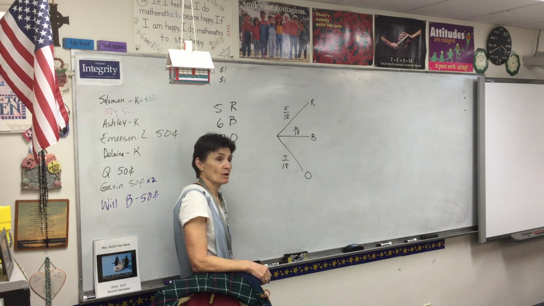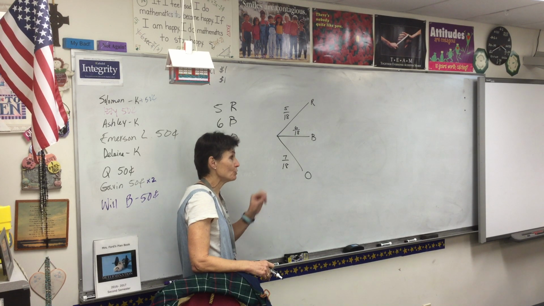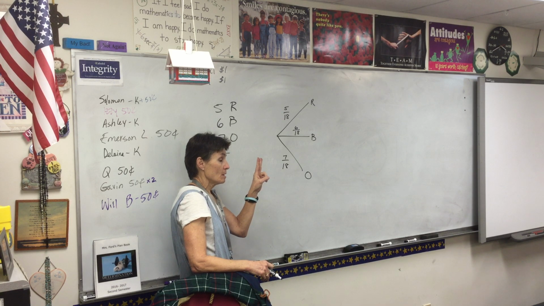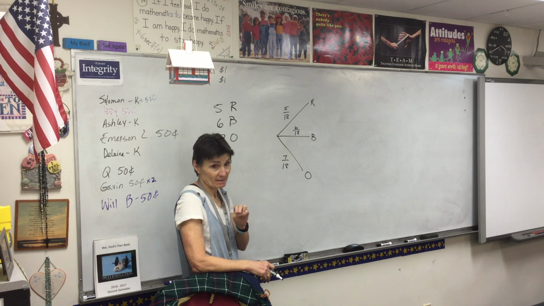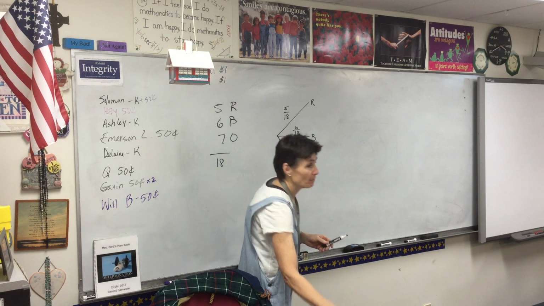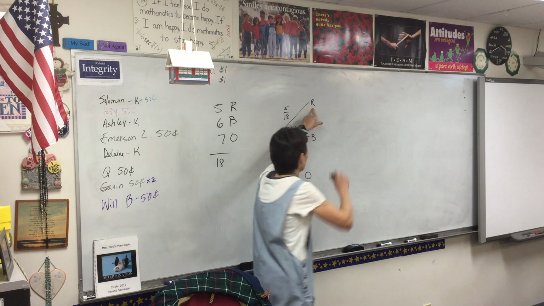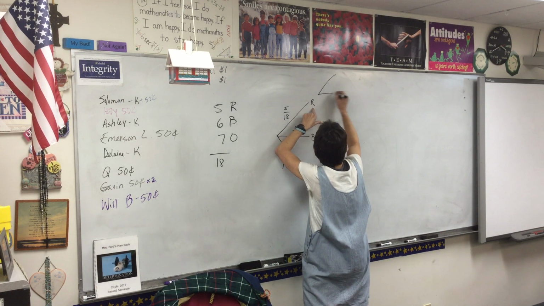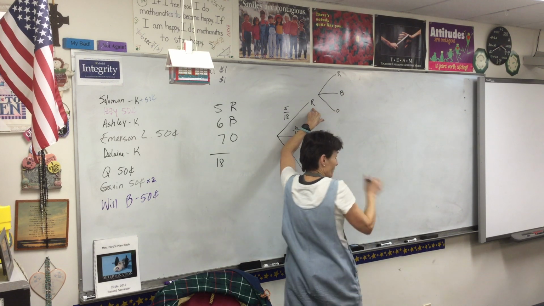Now, how many pencils are left in the bag? 17. So for round 2, remember I'm picking 2. So for round 2, my probability is going to be over 17, because now I only have 17 to pick from. Okay? So I have reached in and grabbed a pencil and put it on the desk. Let's pretend I got a red one. Okay? So now I'm going to reach in and I'm going to get another pencil, and it is going to be red, blue, or orange for my second draw.